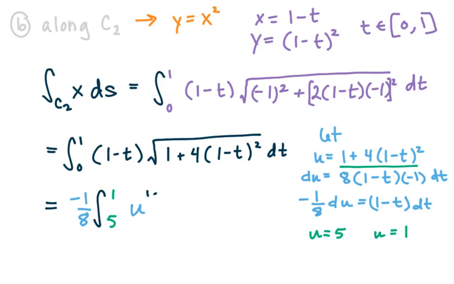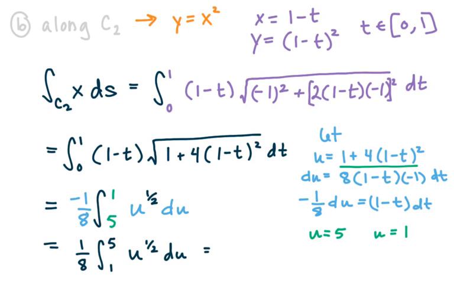That was under the radical, so I'll make that a 1/2, and then du. Of course, I don't like my bounds being in the wrong order, so I'll negate the integral and reverse my bounds. u to the 1/2 du.